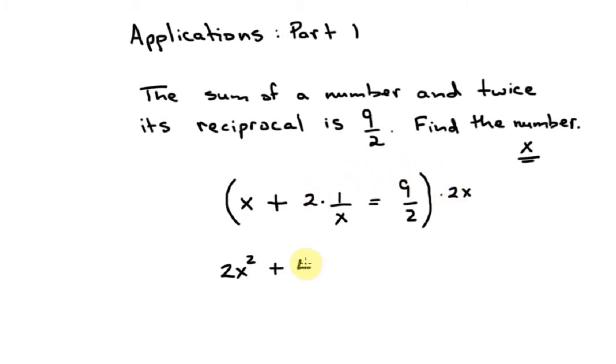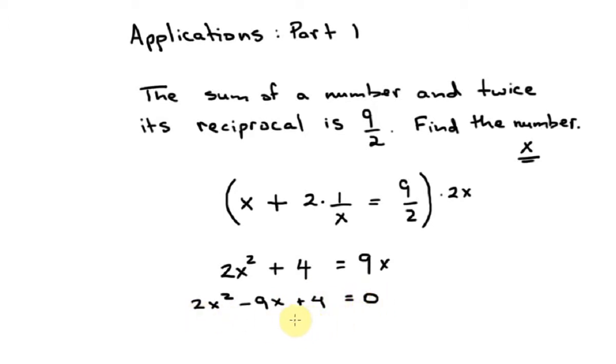So that's 4 equals, and then over here the 2's cancel, and that leaves the 9 and the x. So, all right, no fractions, but it definitely is a quadratic equation. So I'm going to move everything to the left side. So 2x squared minus 9x plus 4, and that equals 0 now.